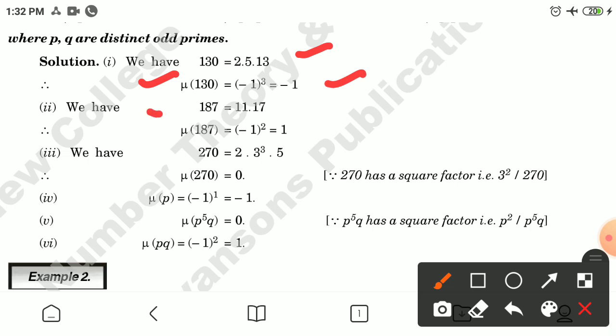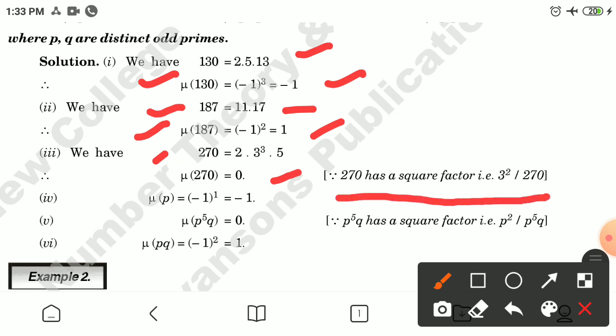And for the second, n is 187, prime factors are 11 into 17. There are two prime factors, therefore the Mobius function at 187 gives the value (-1) raised to power 2, that is 1. Now in the third, n is 270 and prime factors are 2 into 3 cubed into 5. Therefore the value at 270 of the Mobius function is 0, since 270 has a square factor, that is 3 squared divides 270.